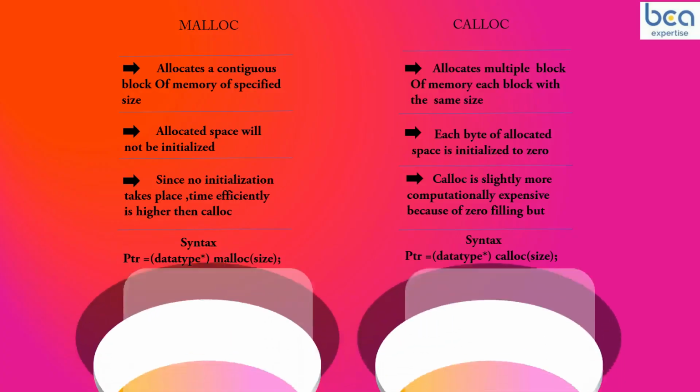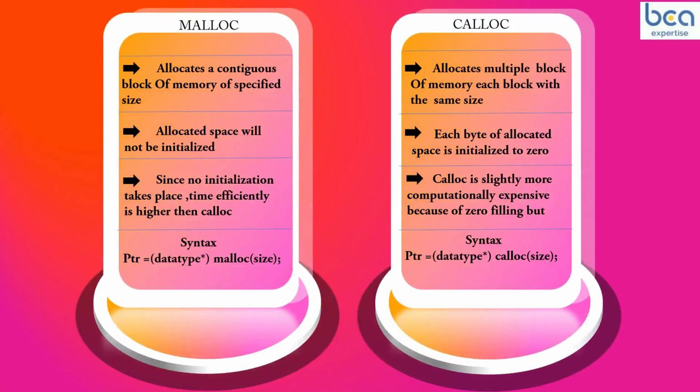Next we discuss the difference between malloc and calloc. Malloc allocates a single contiguous block of memory of the specified size. Calloc allocates multiple blocks of memory, each block with the same size. Second, in malloc, the allocated space is not initialized, but in calloc it is initialized to 0. Third, since no initialization takes place, the time efficiency of malloc is higher than calloc.